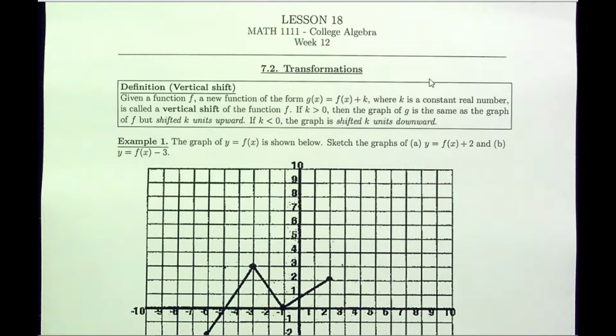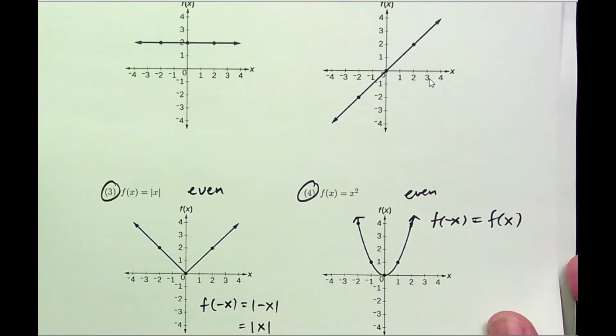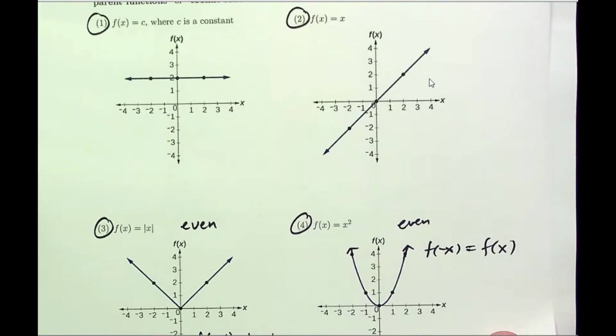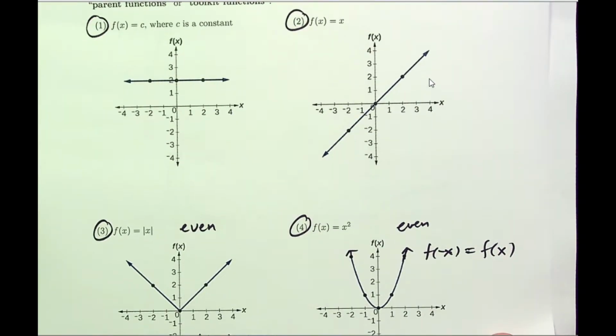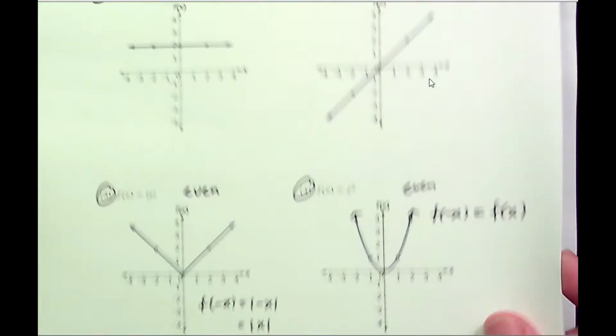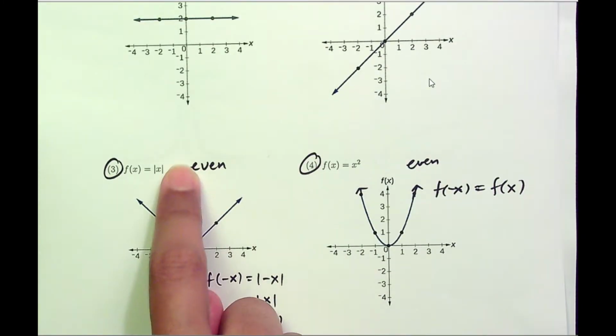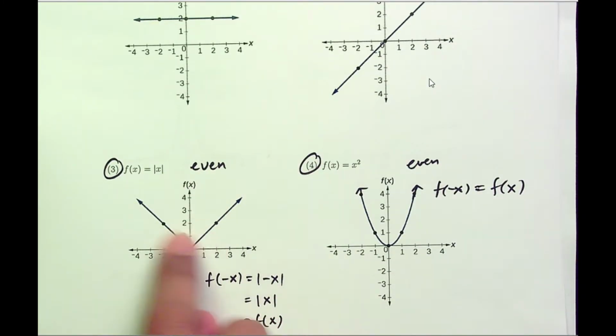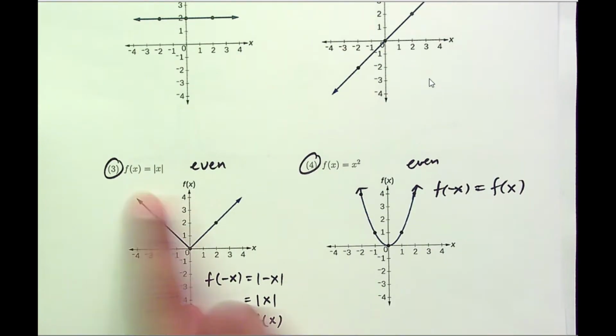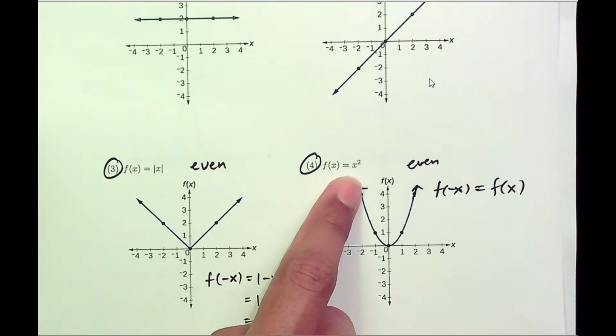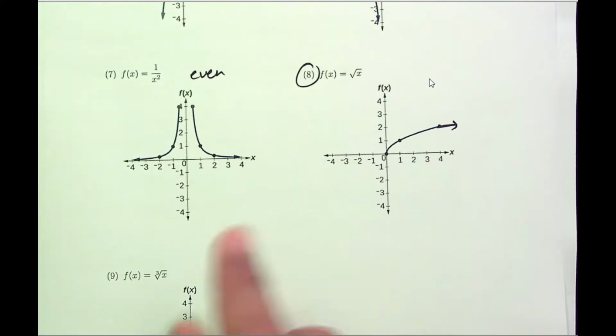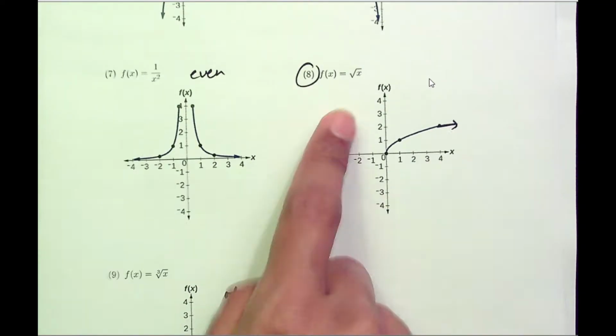So, this is why I said in the previous lesson that you should know at least some of the basic functions, because then what we're going to do is start with some basic functions such as the absolute value function, or this one, the square root function.